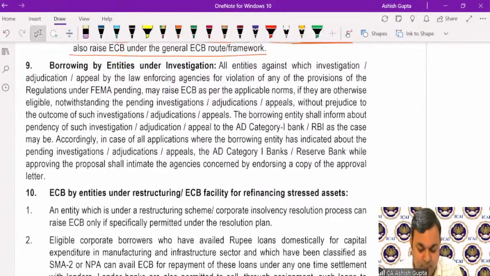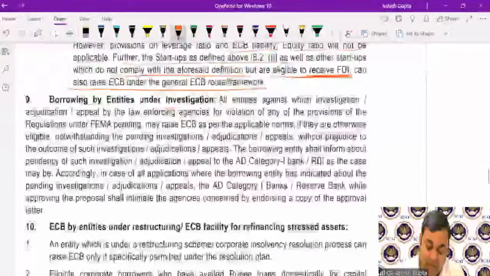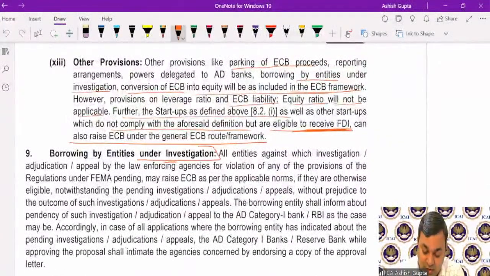Ninth point. Borrowing by entities under investigation means they have committed some kind of contravention, right? So first is oil marketing company, second is startup, and third is borrowing by companies who are under investigation.